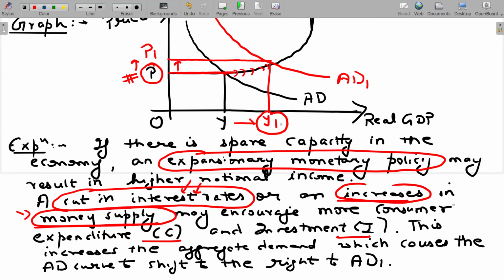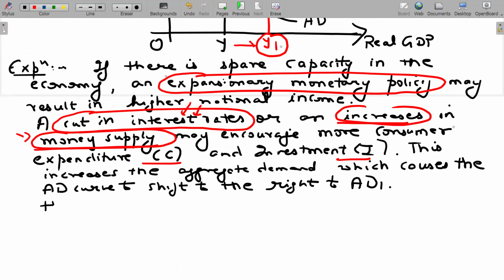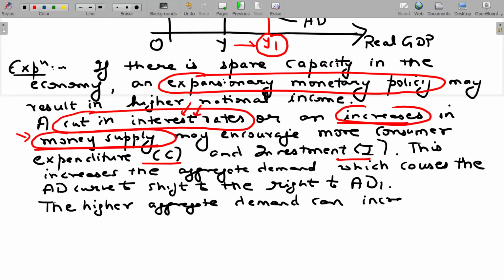I can further write that the higher aggregate demand can increase the real output from Y to Y1.